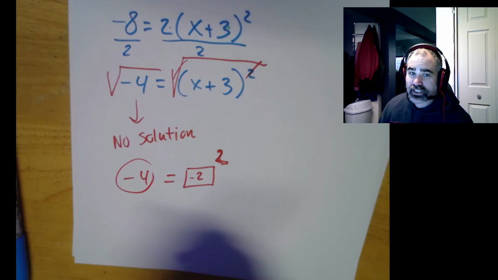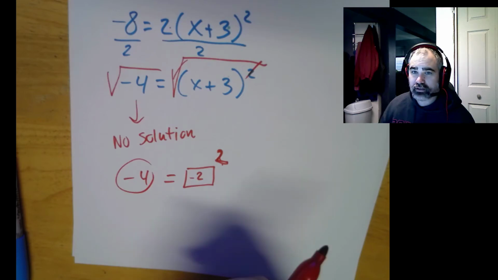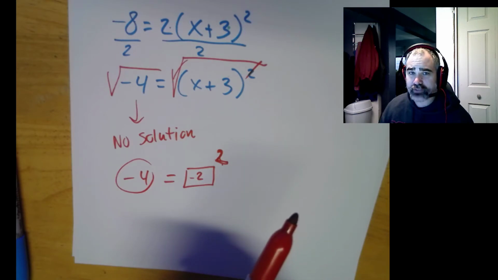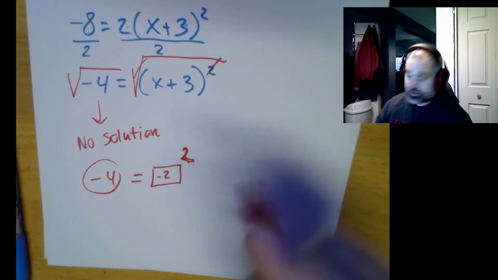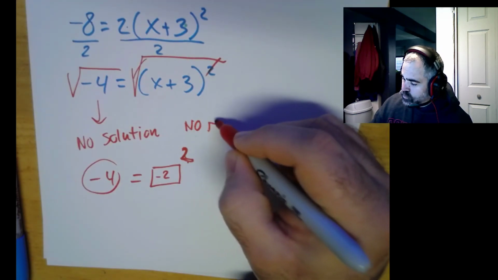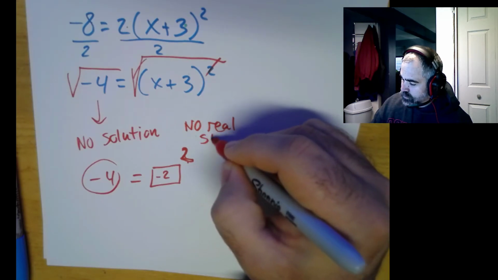For those interested in the real answer to this, I did a whole video over spring break, I think it was the first video I did, about how to actually solve this problem. But as far as you know, in Algebra 1, there is no solution. What we usually say is there's no real solution.